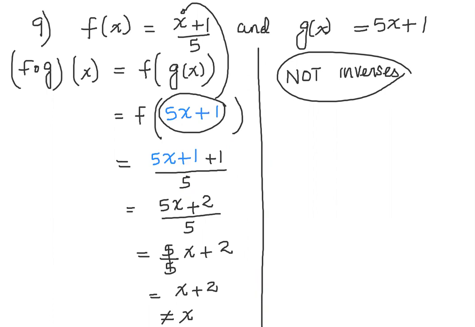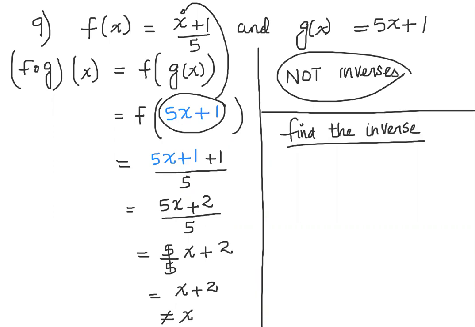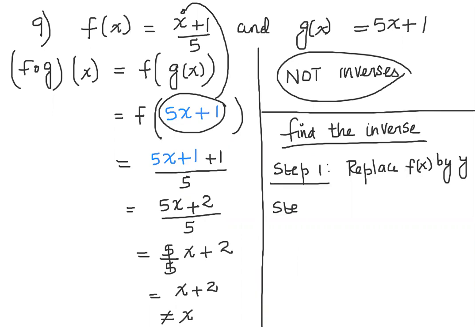So the next objective, we are going to find the actual inverse. We are given only one function. We have to find the actual inverse. So these are the steps to find the inverse of a function. How to find the inverse? There are 4 steps we have to follow. Step 1, we have to replace f of x by y. Step 2, interchange x and y.